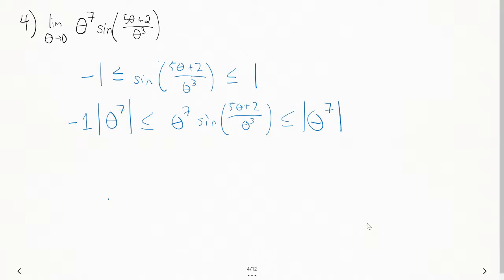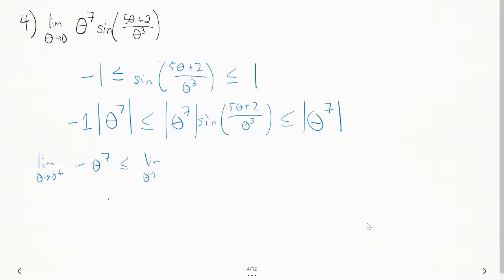Now, technically I should put this absolute value here, but we'll be able to drop it, and I'll kind of show how we can work with this. Another way we could work with this is if you wanted to do theta from the right-hand side, you could go negative theta to the 7th, but since it's from the right-hand side, that's positive, so we're in good shape. We still have the same inequality.